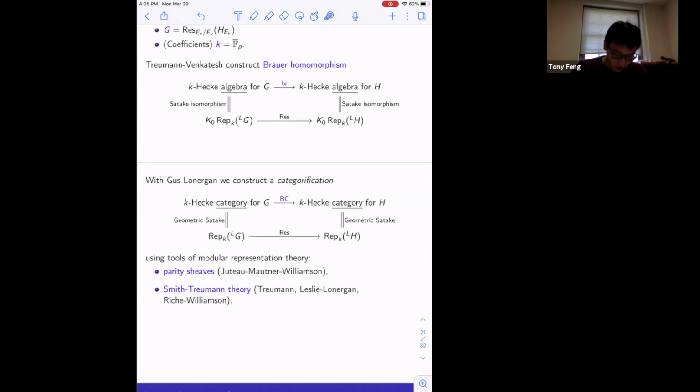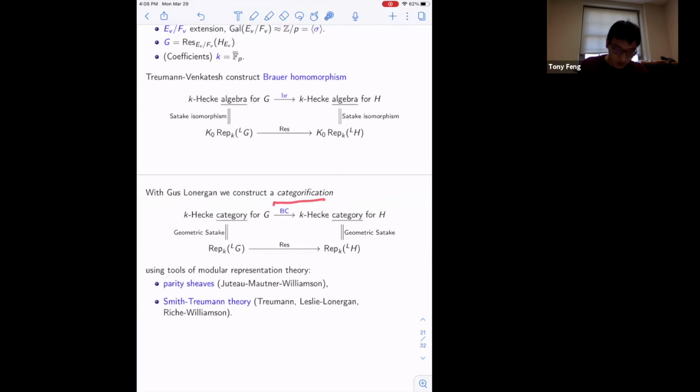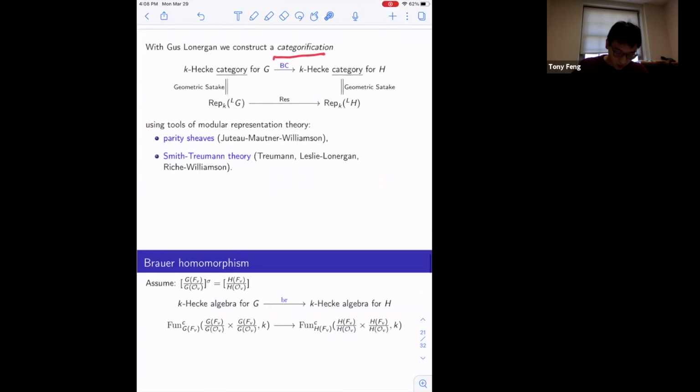Okay, so before I tell you about the categorified version, I'm going to tell you about the Brauer homomorphism. So what is it?